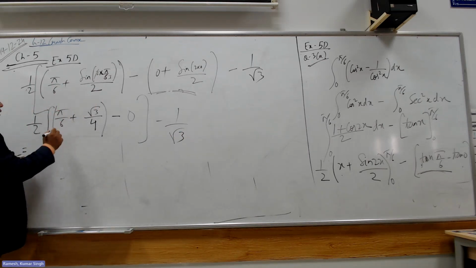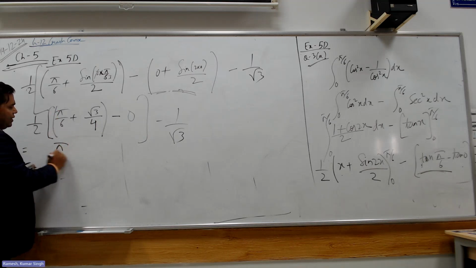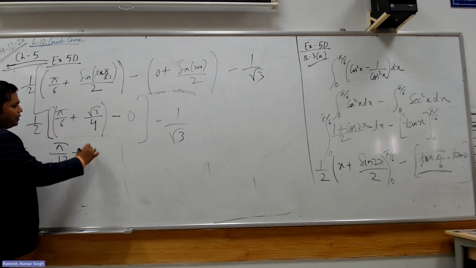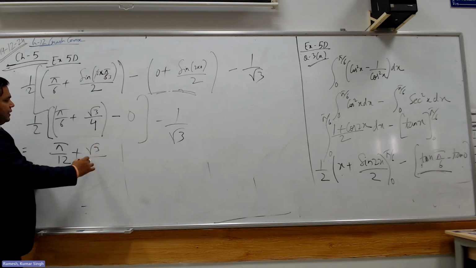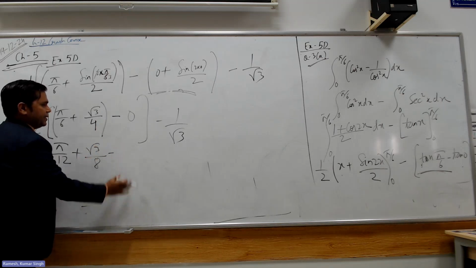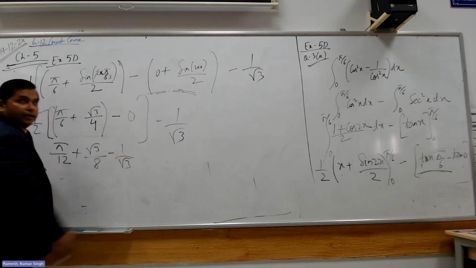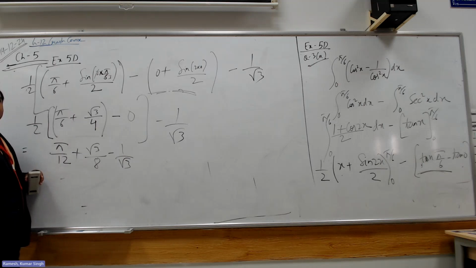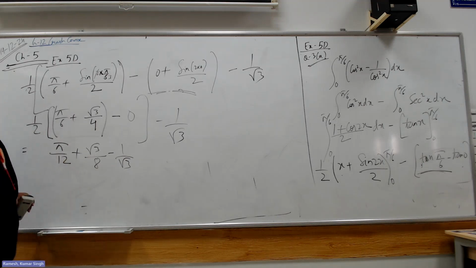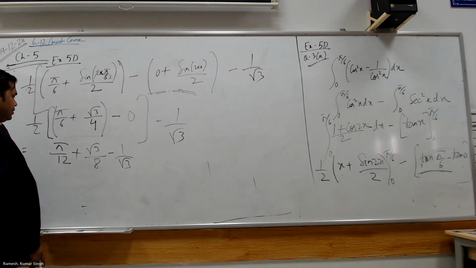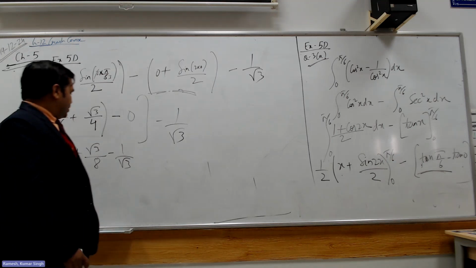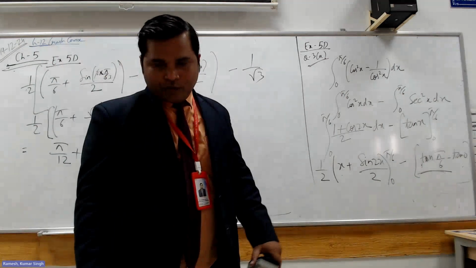Now here we got pi by 12 plus root 3 over 8 minus 1 over root 3. Is that clear? Any problem? Anyone? So now we need to simplify this: pi by 12 plus root 3 over 8 minus 1 over root 3.